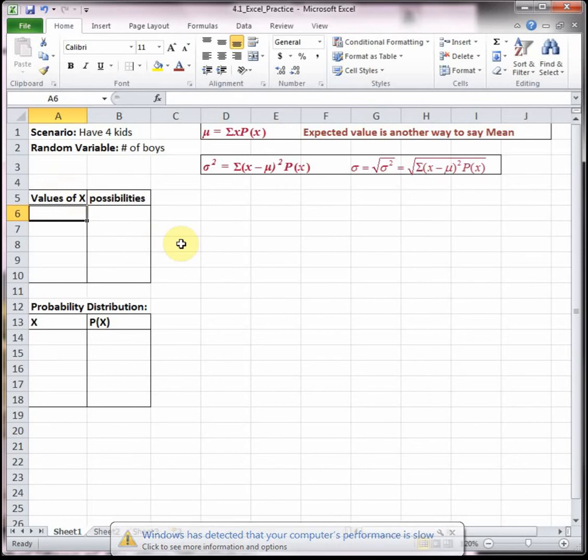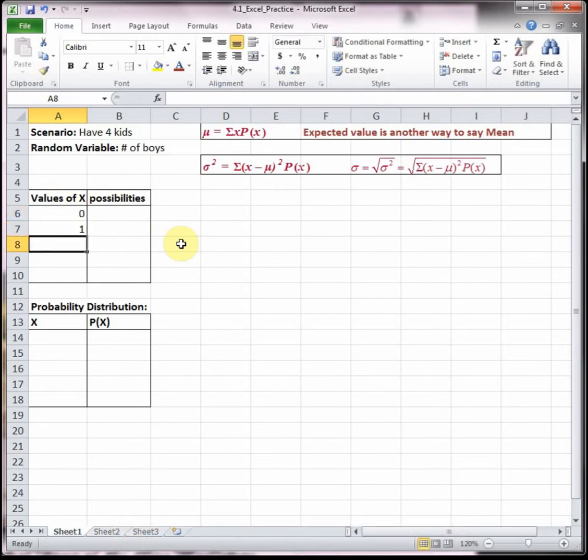So let's just think about it. If we have 4 kids, we could have 0 boys, we could have 1, we could have 2, 3, or all 4 boys. So there are 5 different values for our random variable x, and our random variable is just counting the number of ways that we could have boys if we have 4 kids.